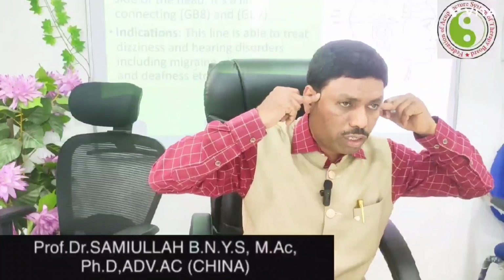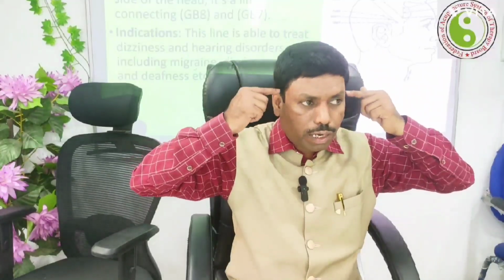So this is Shuaigu, gallbladder 8. Qubin is in the anterior part of the ear. So connect together Shuaigu and Qubin, gallbladder 7, gallbladder 8.